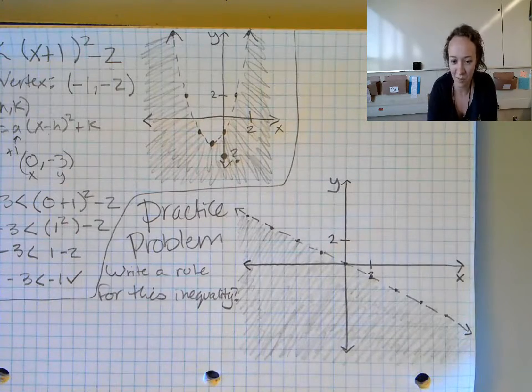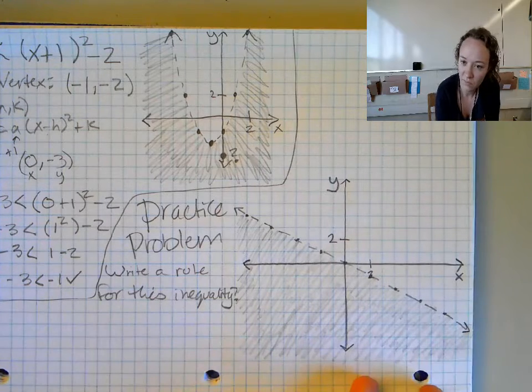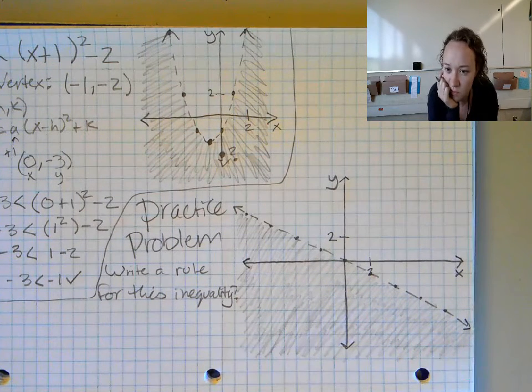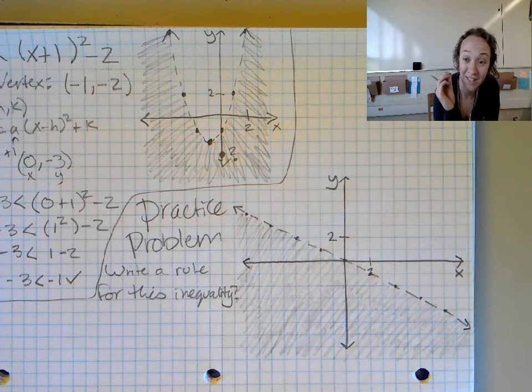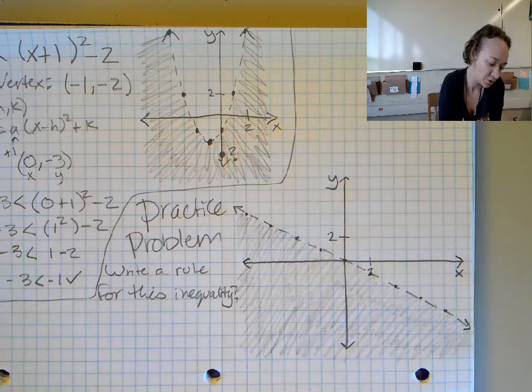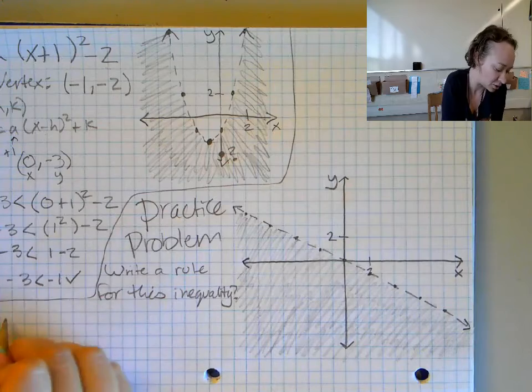Okay, for your practice problem, I have given you a graph. I want you to find its rule. I realize that this is really testing you on remembering how to write a rule for a line, how to find the equation of a line. So remember, here are some hints.